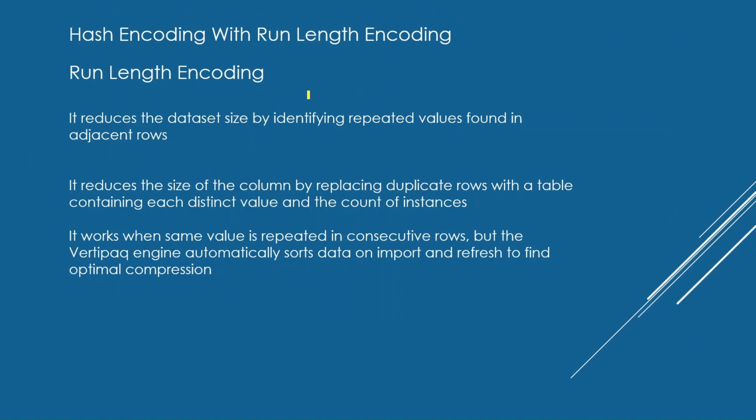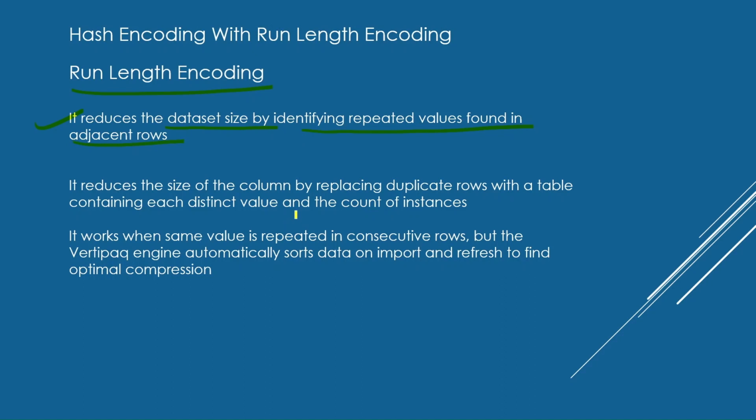Let's talk about how run length encoding is applied over a particular column and how it works. It reduces the data size by identifying repeated values found in adjacent rows.